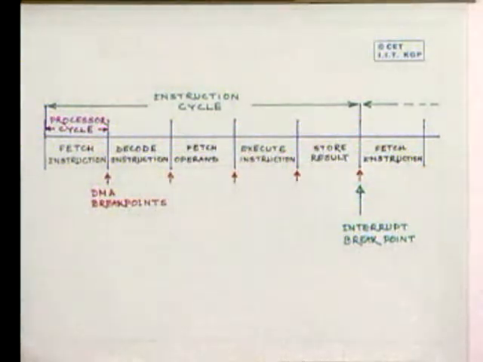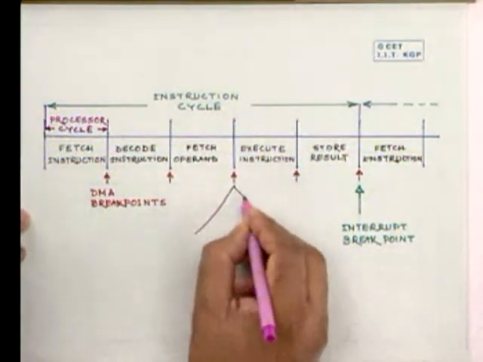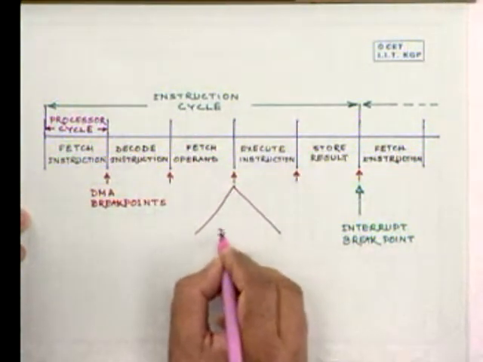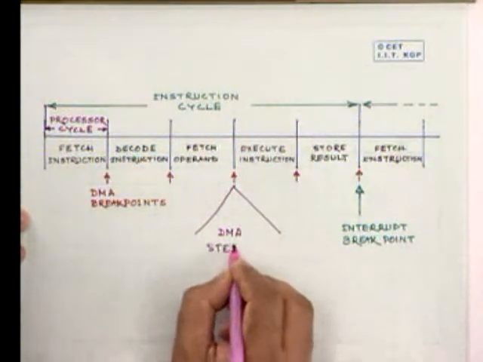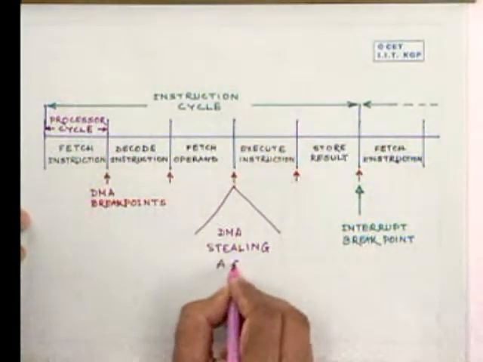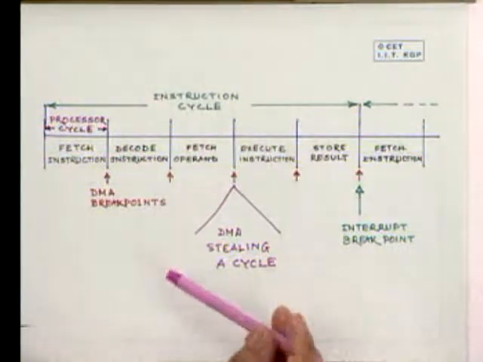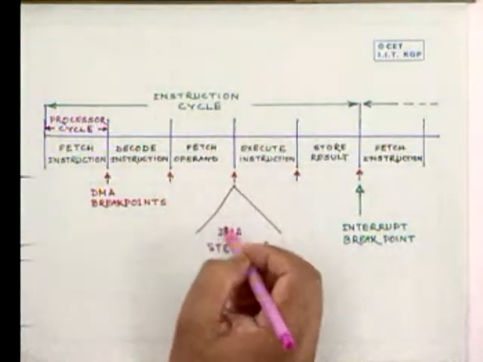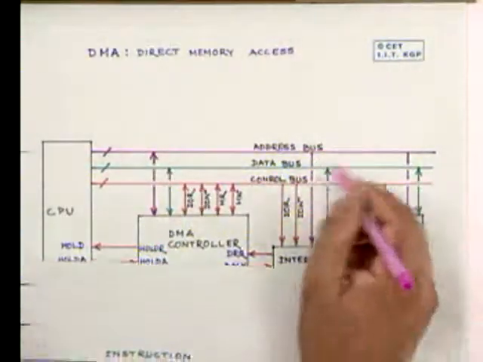For example, say at this point, the DMA is stealing a cycle without the CPU almost being aware of it. Just a single cycle is stolen and one byte or one word is transferred.